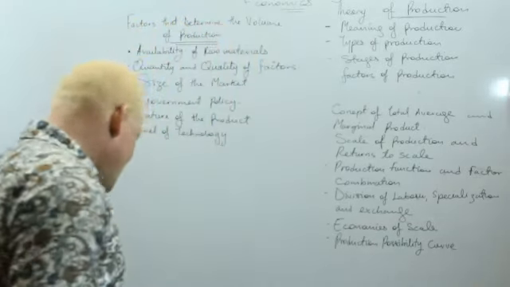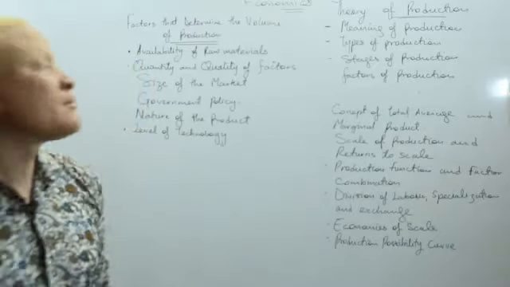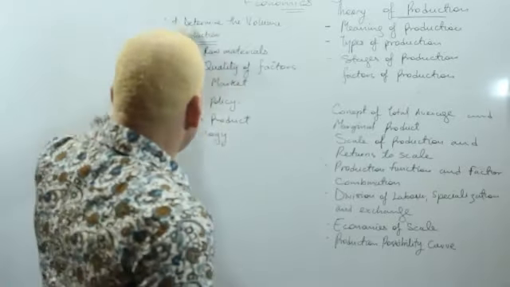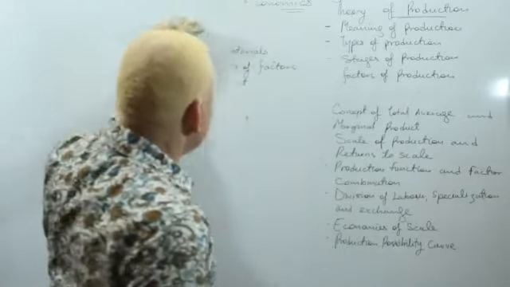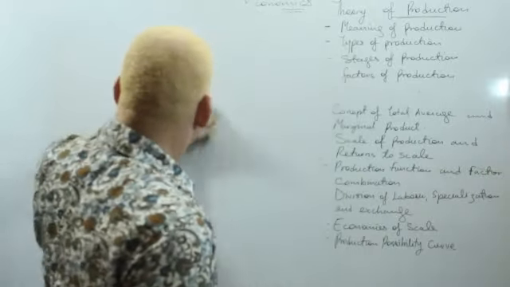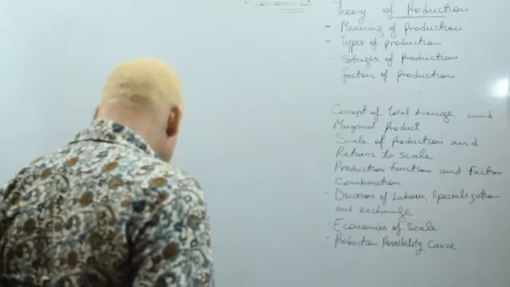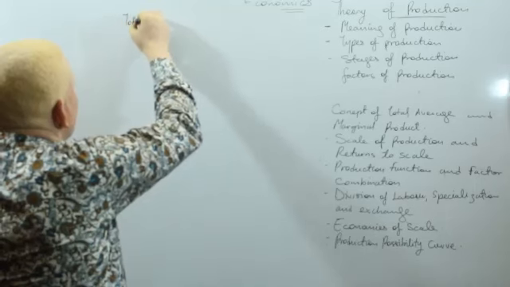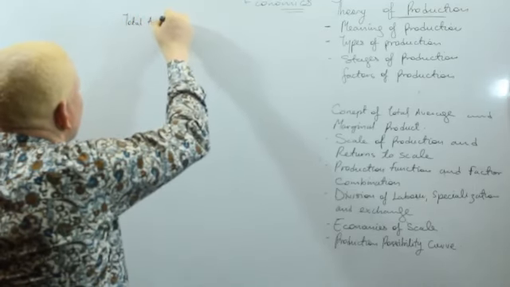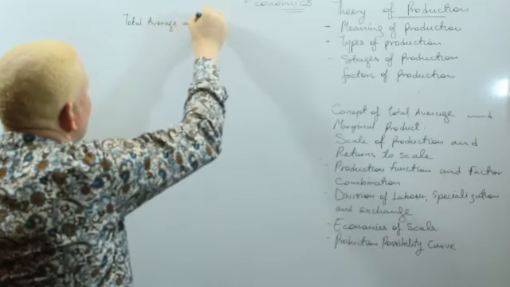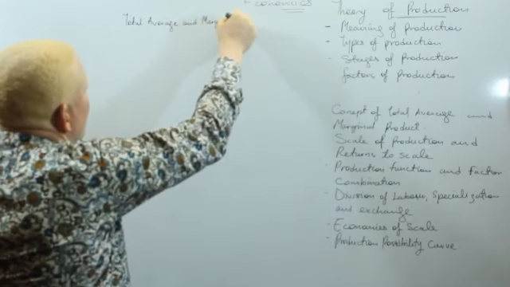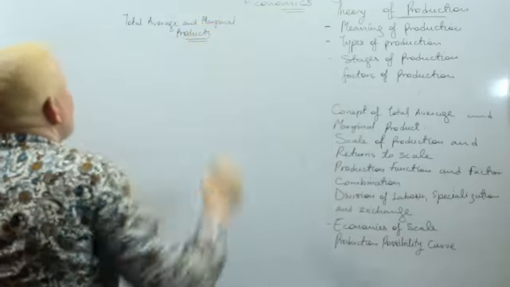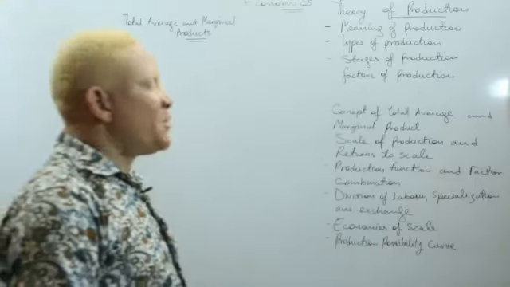Now, that leads us to the next part on the outline, which is the concept of total, average and marginal product. Total, average and marginal product concepts.